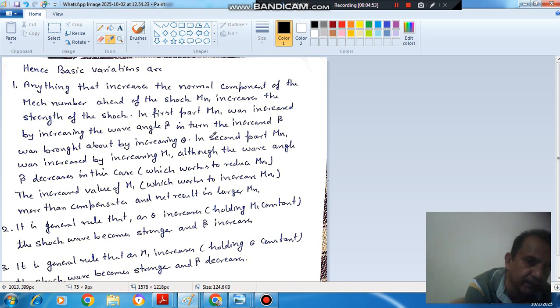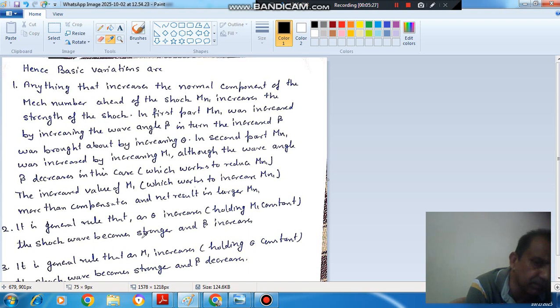So in both cases Mn1 is increasing. In the first case it is due to increasing theta, and in the second case it is due to an increase in M1. The general rule is, if we increase theta keeping M1 constant, as we have done in the first part, the shock wave becomes stronger because Mn1 is more, and the pressure ratio is more.